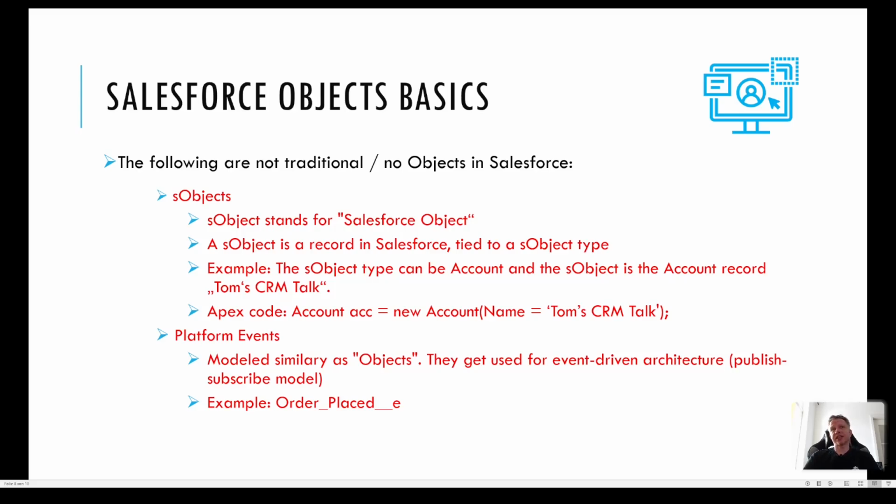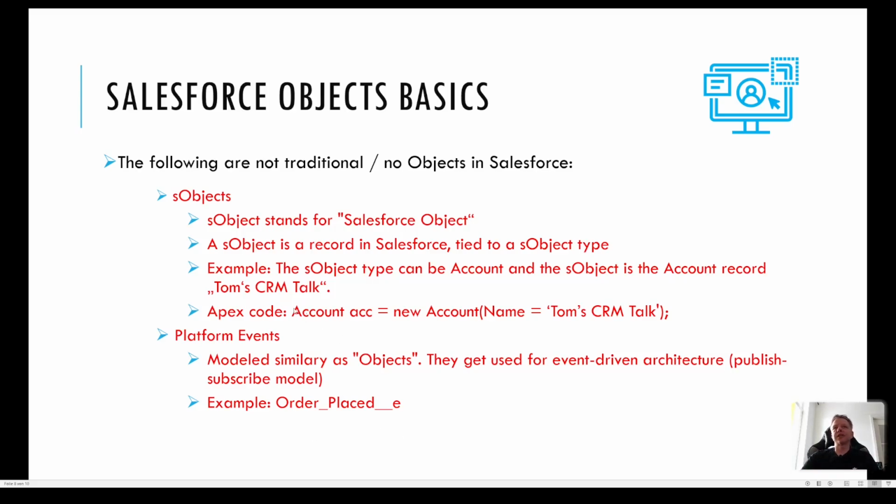An sObject is a record in Salesforce. That's an sObject, and it's tied to an sObject type. So for example, an account record with the name Tom CRM Talk is an sObject, and it's tied to the sObject type Account.